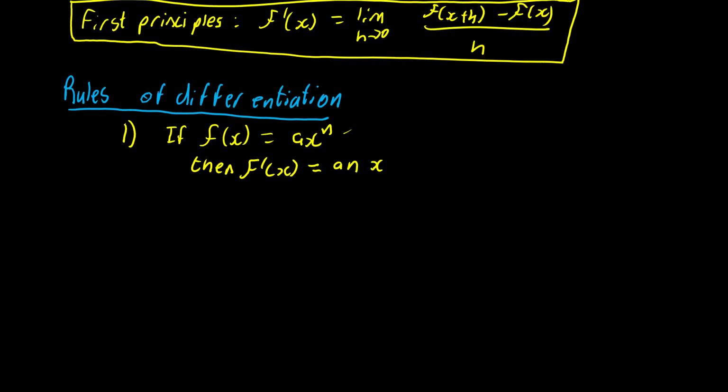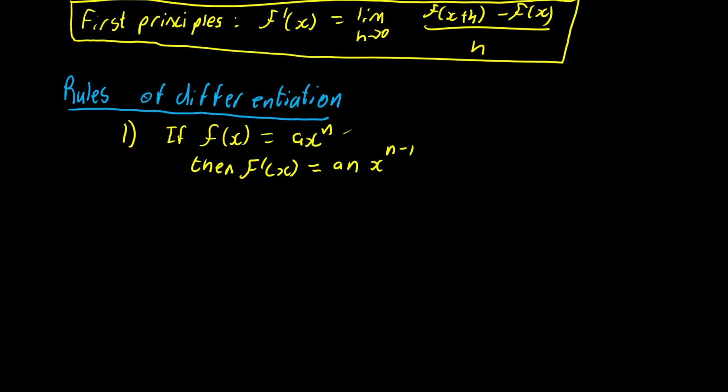You keep the x, and you subtract 1 from this exponent. If you've done a few first principle calculations, you've probably also noticed this pattern: you take the exponent, multiply it with the coefficient, and subtract 1, and that gives you your derivative.